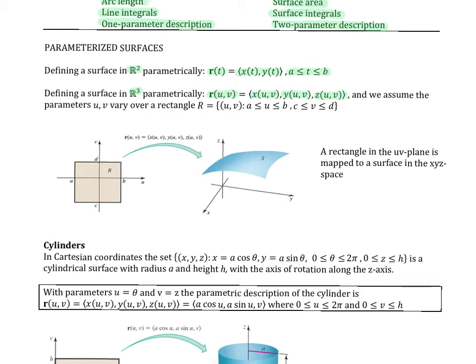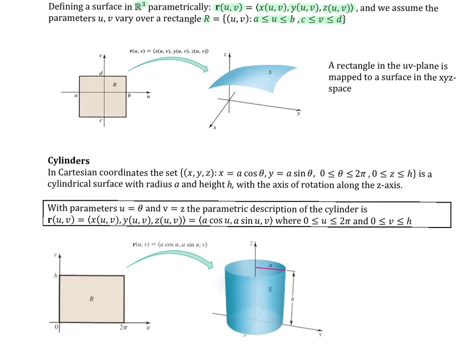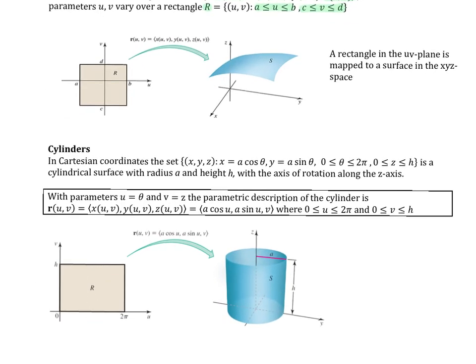So our parameters u and v are going to vary over a rectangle where u goes between some a, b value, v goes between some c and d value. Let's look at the diagrams down here and see what we're talking about.